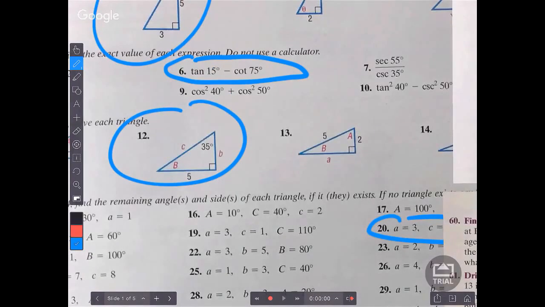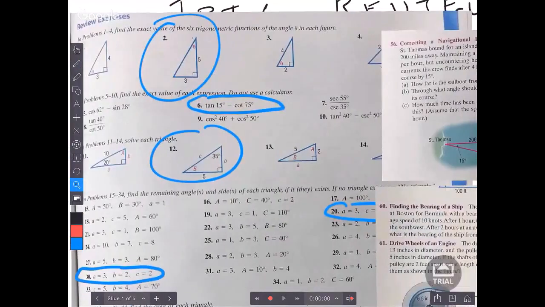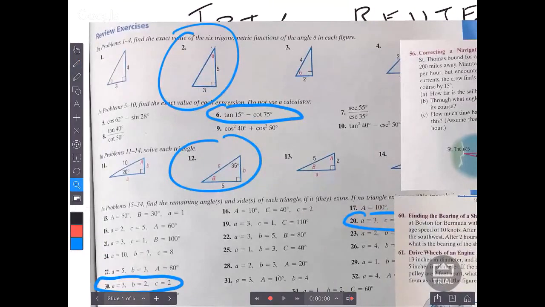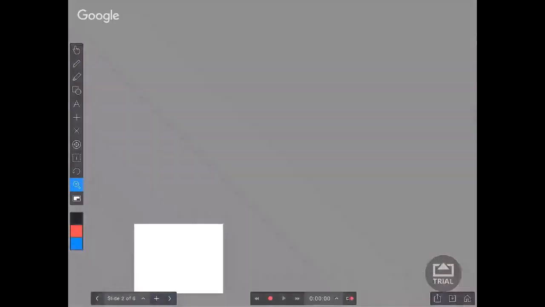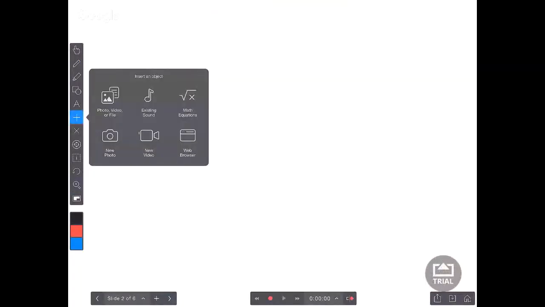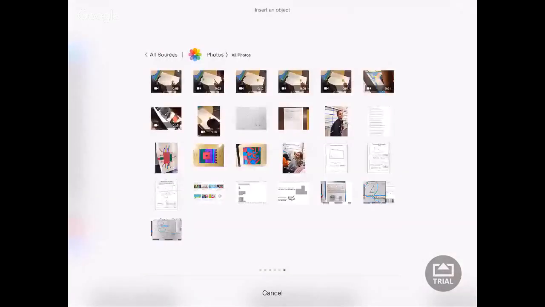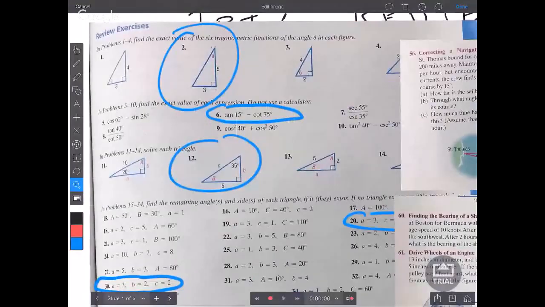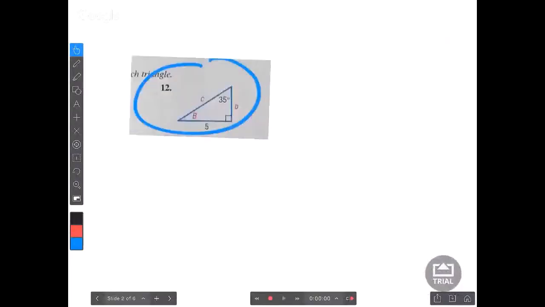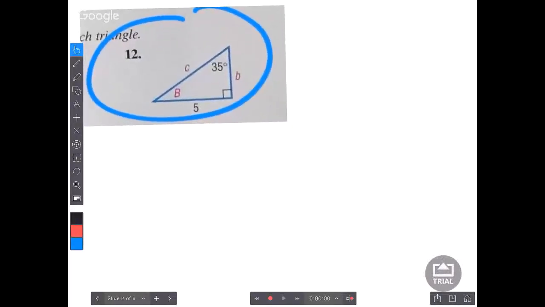Let's get it out by itself. We want to solve the triangle. Okay, so solving this triangle, let's see.